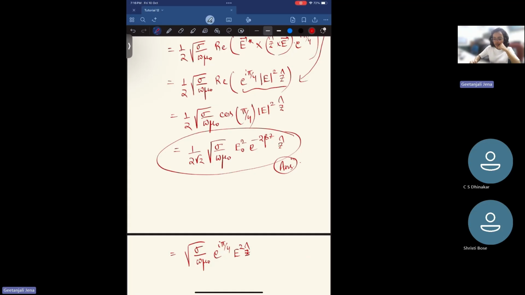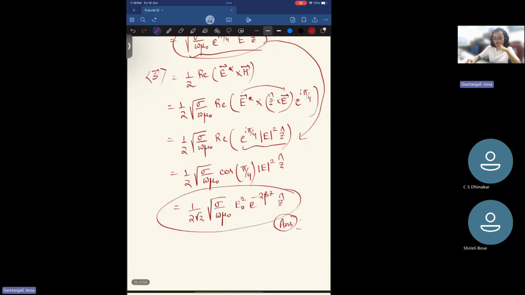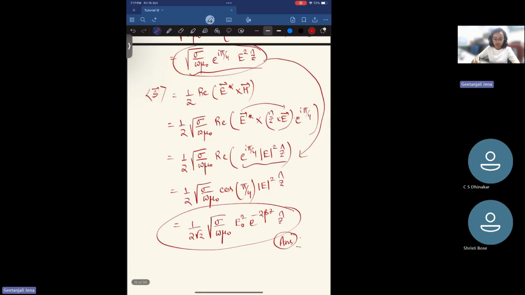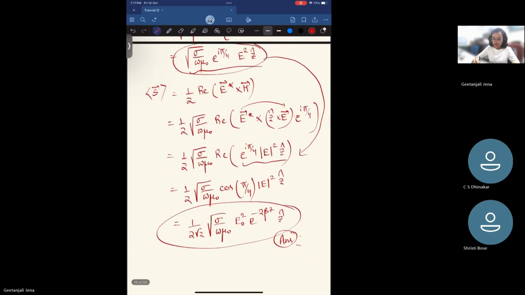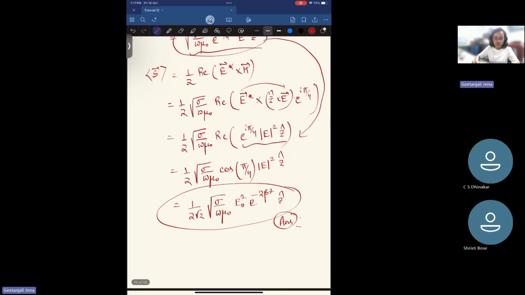So is this correct? I mean, are the steps clear to you? I hope the steps are right, I'm not wrong this time, I think. The steps are right.